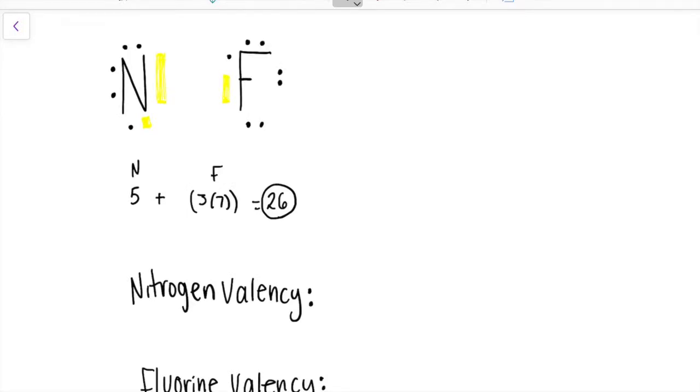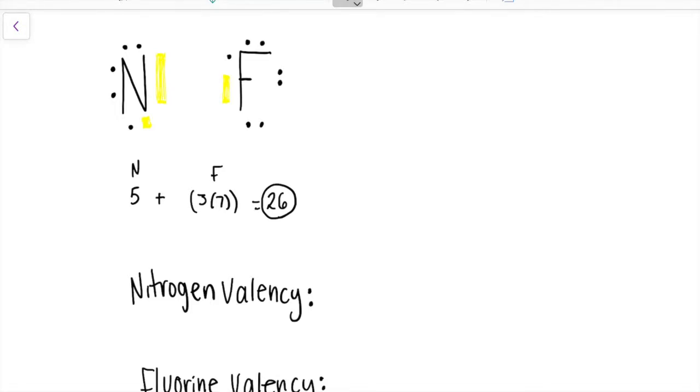Like I said before, back to the original drawing with the nitrogen's original outer shell, you can see that nitrogen has those 5 valence electrons and still has room for 3 before pairing up with fluorine, and fluorine still has room for 1.